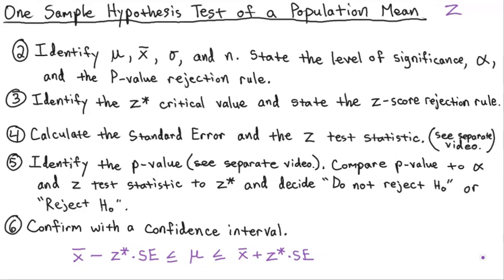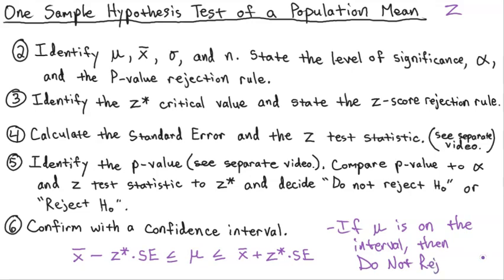If mu is on the interval from here to here, then do not reject H sub 0. But if mu is not on the interval, then you reject H sub 0.